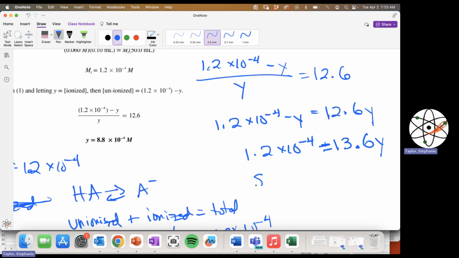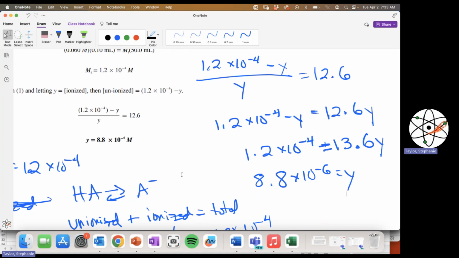Yep, I still get it. So either way works. You can either have thought about it my wacky ratio way, or your textbook is essentially just walking you through how to think about the total amount, the unionized, and the ionized form altogether. So really, it's just a way to get a little deeper into buffers.